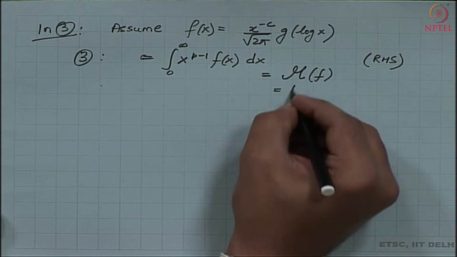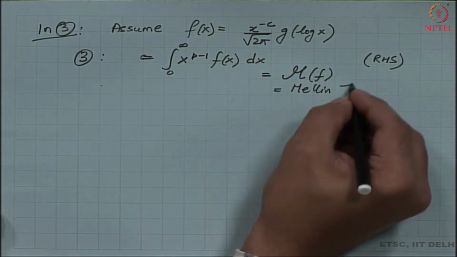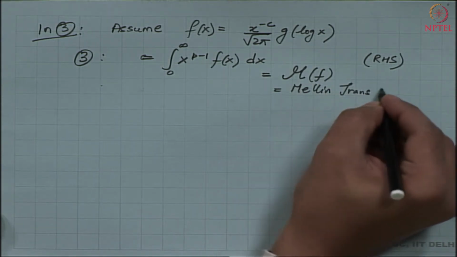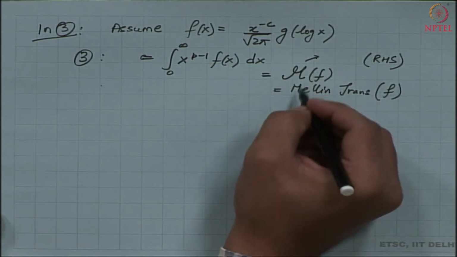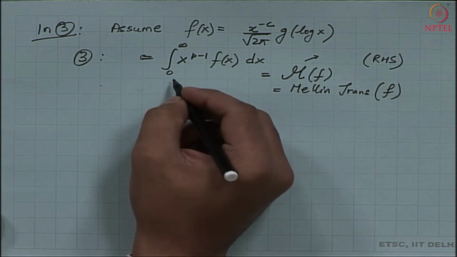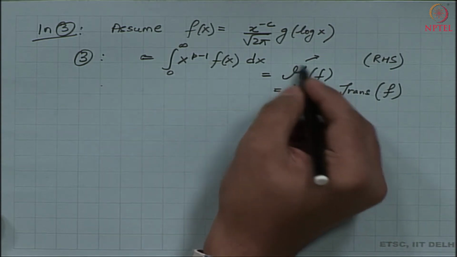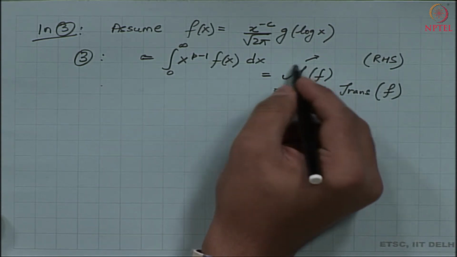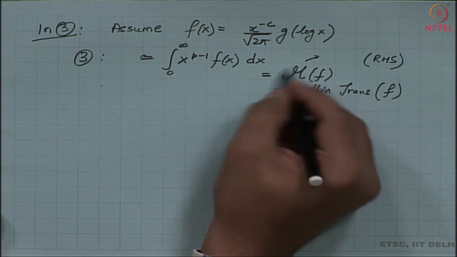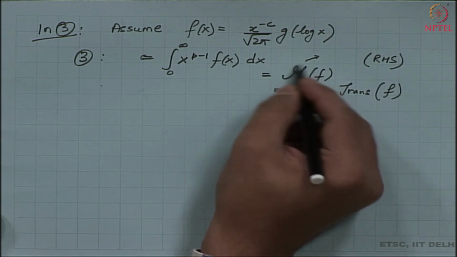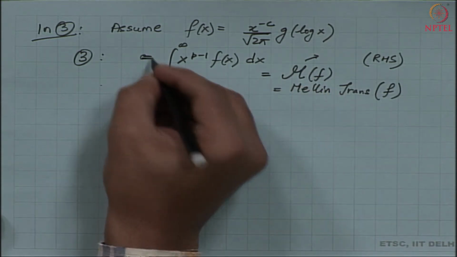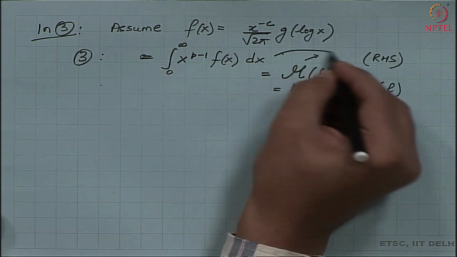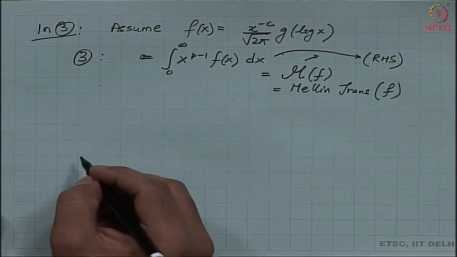I denote my Mellin transform with this curly M. Notice in almost all my lectures I am denoting the transform operator by these curly symbols, so the Mellin transform with a curly M. So, this is my RHS of 3.